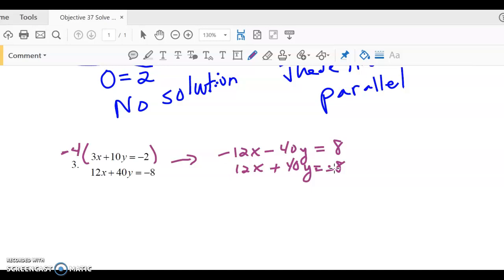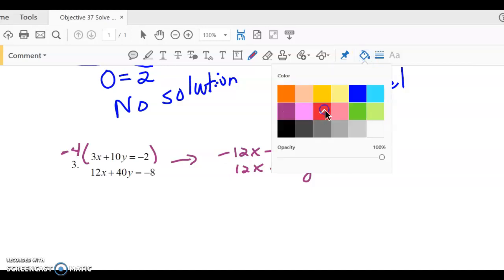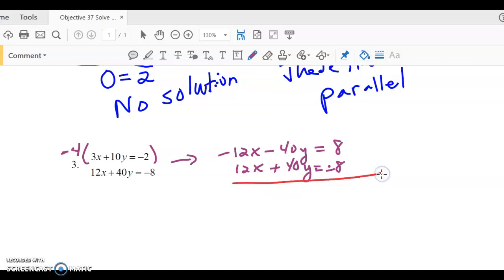And again, look what happens here. When I add, I'm going to get 0 equals 0. Now you might be thinking, what just happened there?